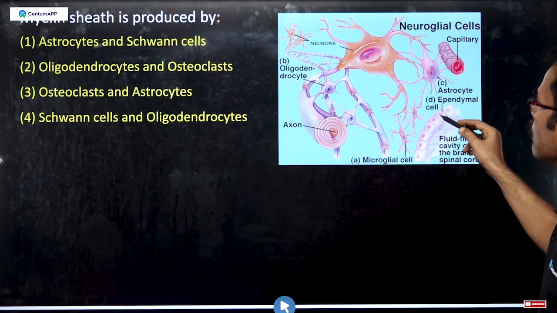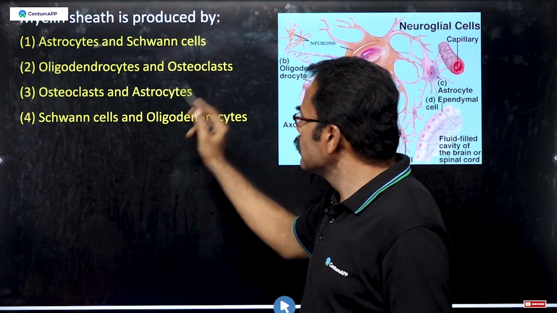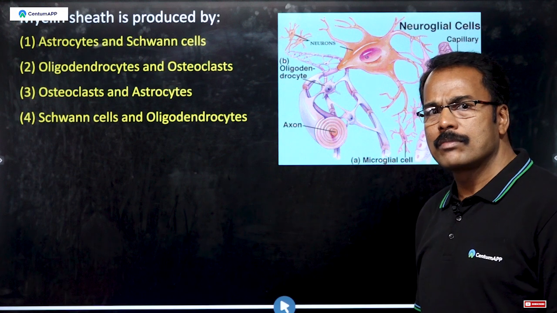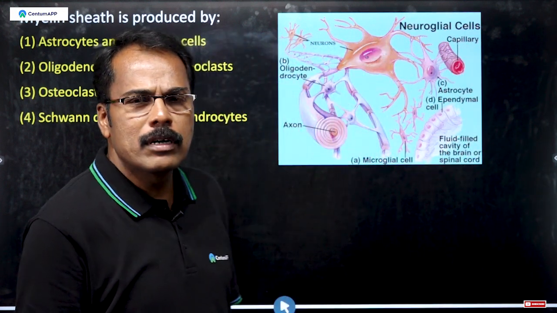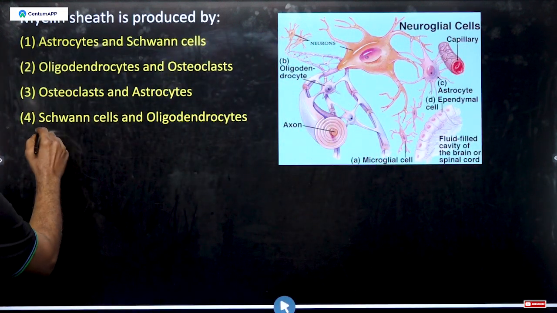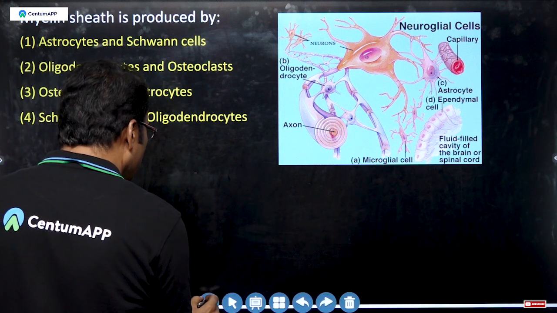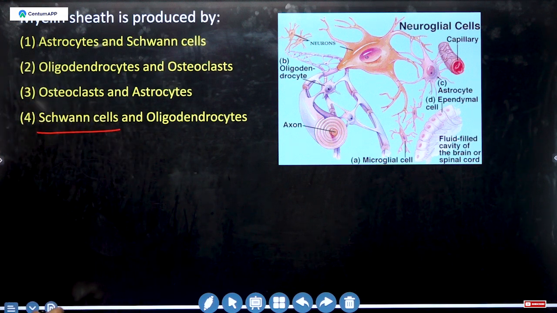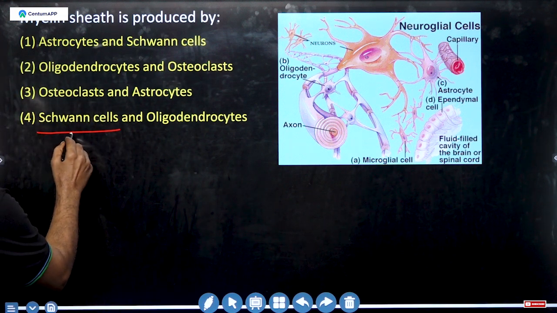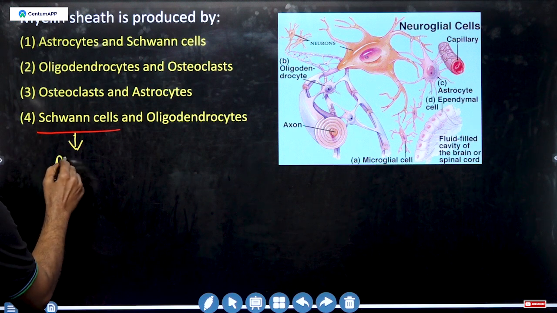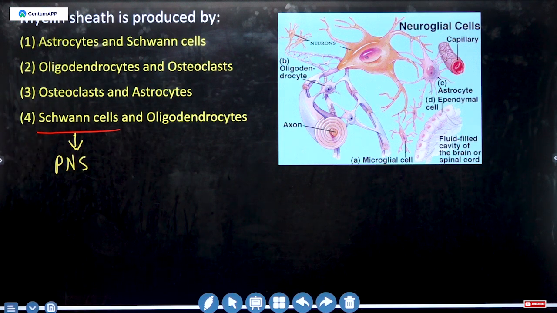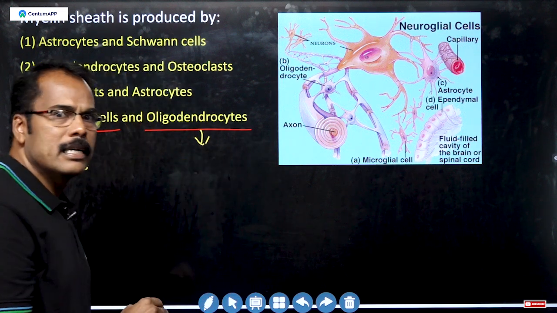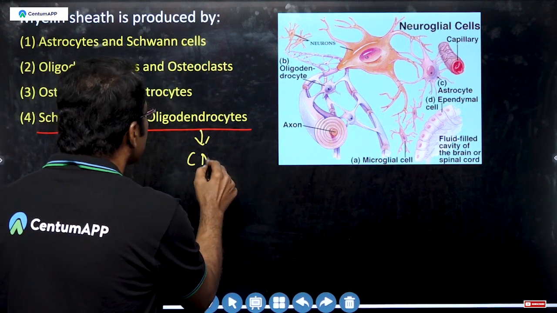Next, here Schwann cells. Schwann cells are the cells found in the PNS, peripheral nervous system, and oligodendrocytes are present in the CNS, central nervous system.